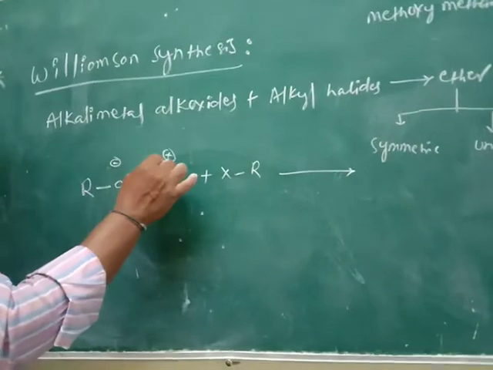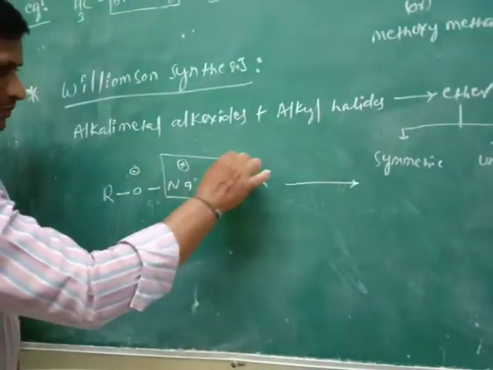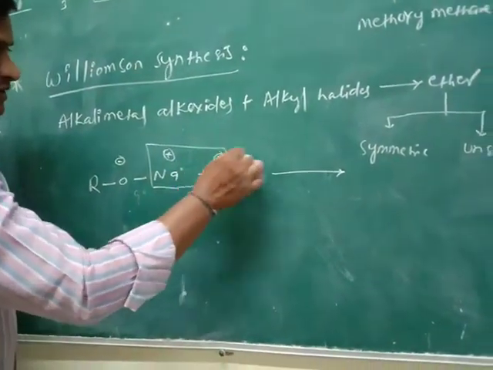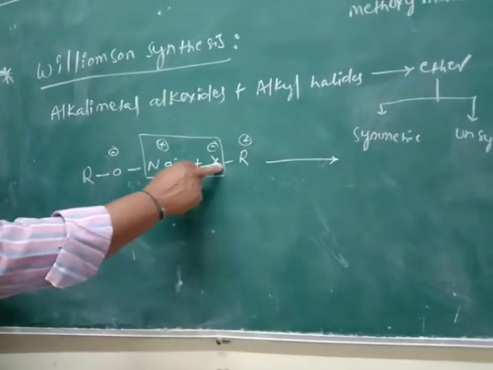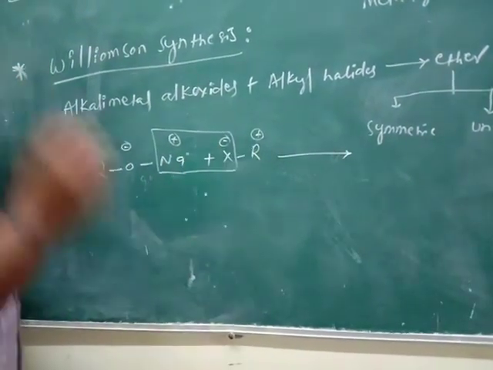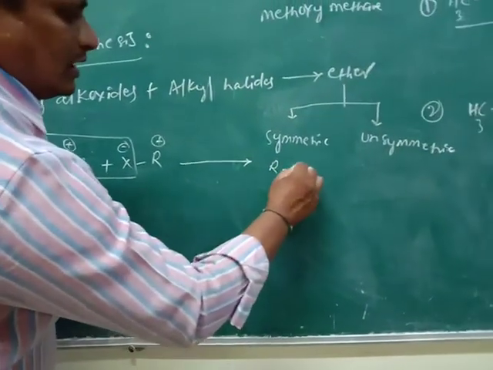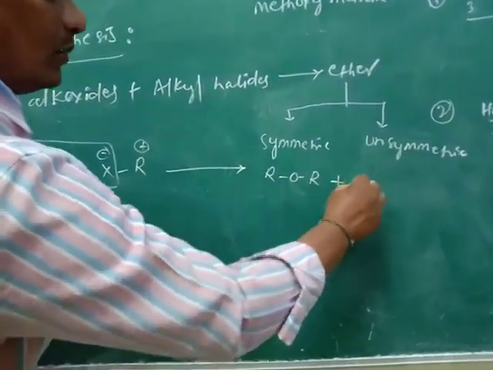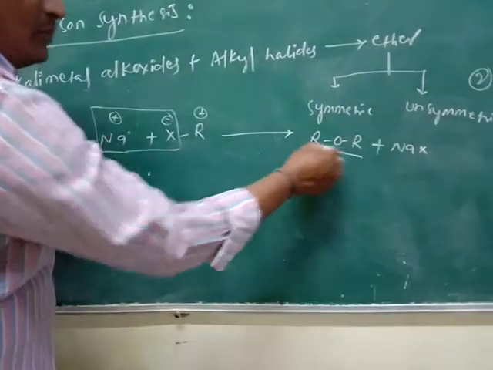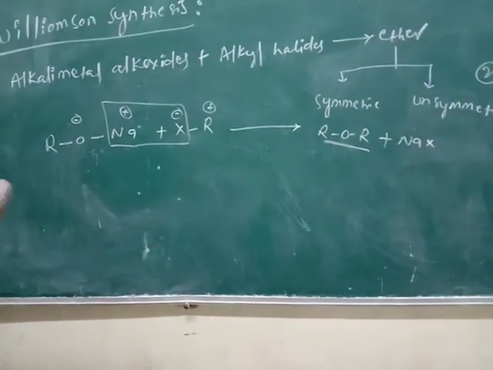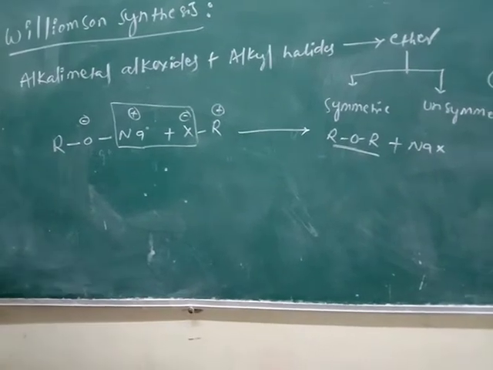Na combines with X to give NaX, and the obtained compound is ROR plus NaX. The obtained ether may be symmetric or unsymmetric.